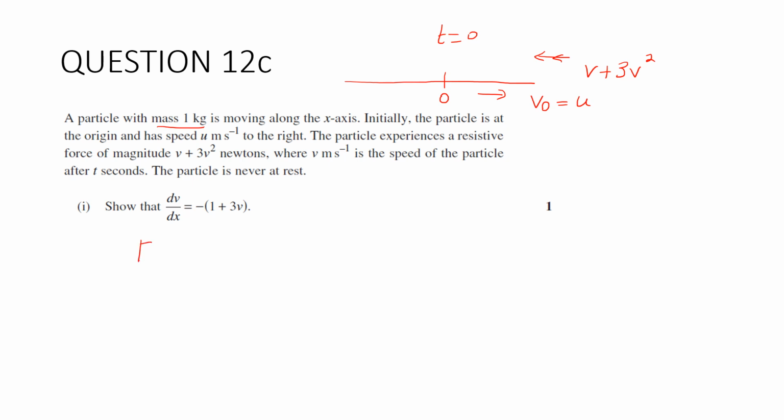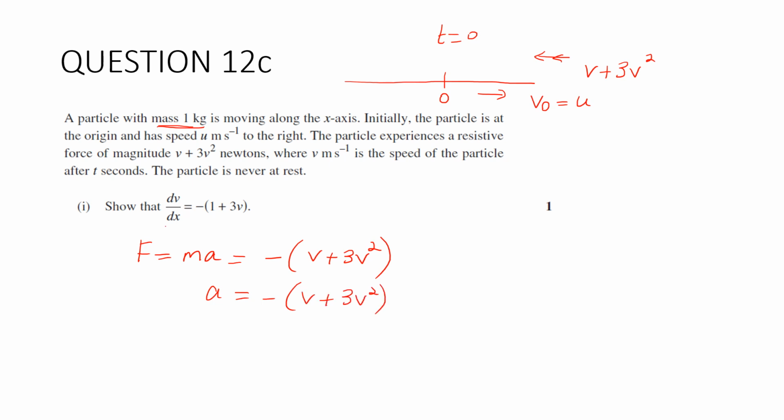All right, so F is equal to ma, which is going to be equal to negative v plus 3v squared. We don't need to worry about mass because it's 1. So a is equal to negative brackets v plus 3v squared.